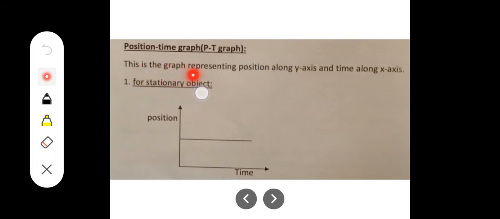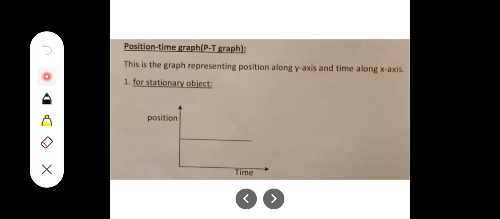The definition is given here. This is the graph representing position along y-axis and time along x-axis. See here, position is along y-axis and time along x-axis. Horizontal axis we always take as x-axis, and y-axis is the vertical axis, right? So that is the definition of position-time graph. You have to remember that.